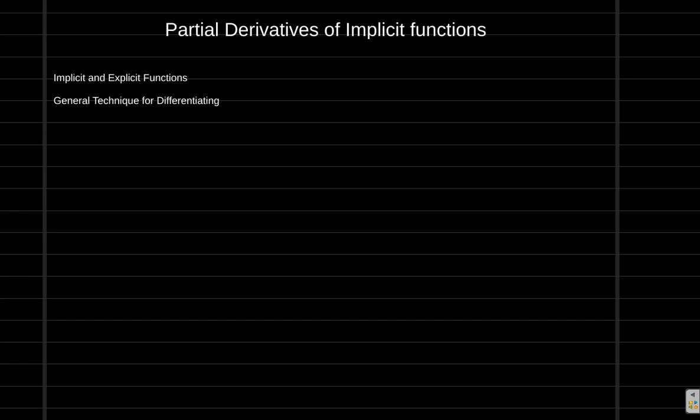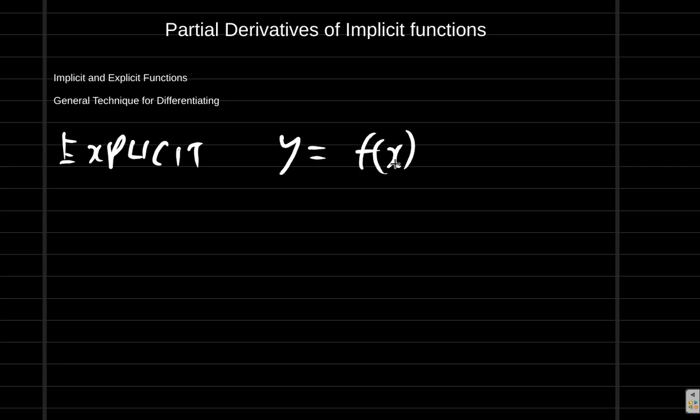Now, for explicit functions, it's generally in the form y is equal to f of x, right? y would be the dependent variable, y equals, and there is no more y. What you have are x's and numbers after that.